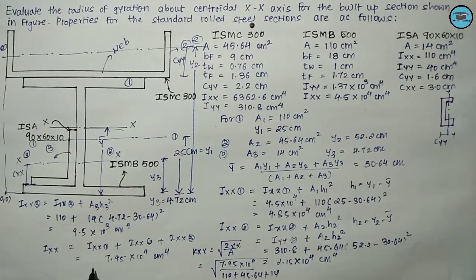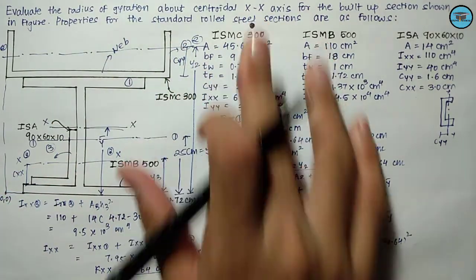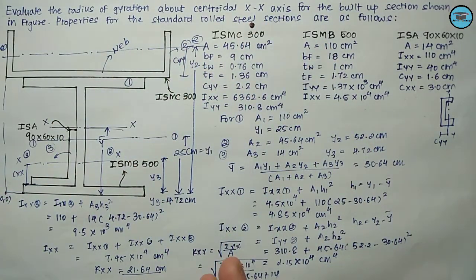So we would be getting the value of kxx as somewhat 21.64 centimeter. So guys, we have obtained the value of radius of gyration about the centroidal x-axis as 21.64 centimeter.